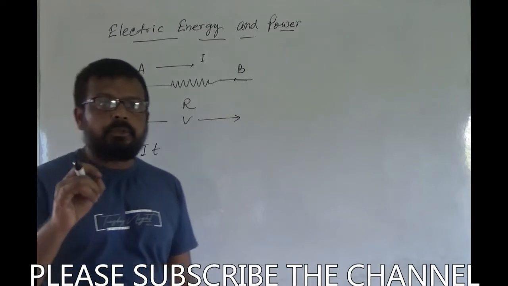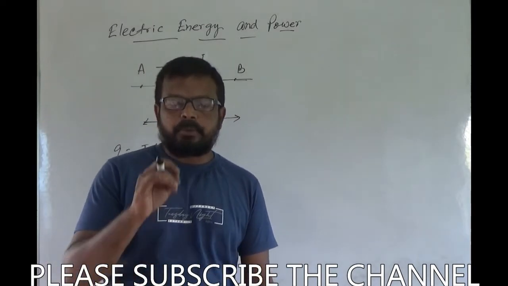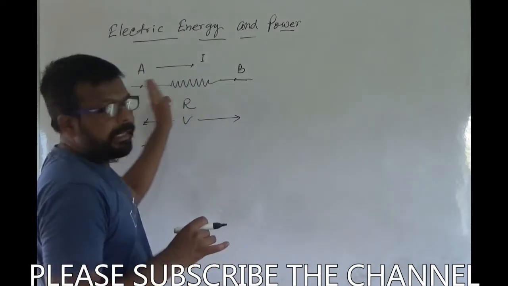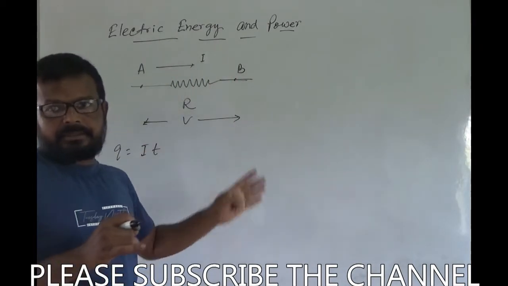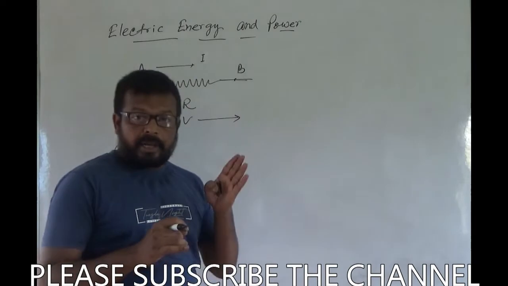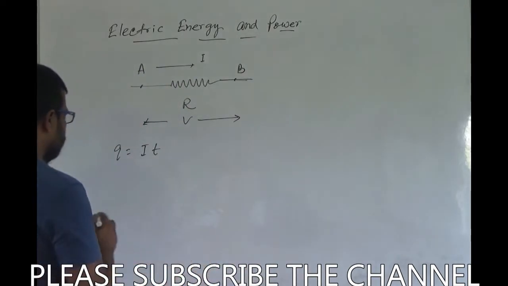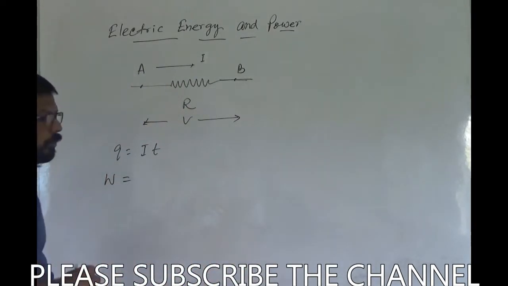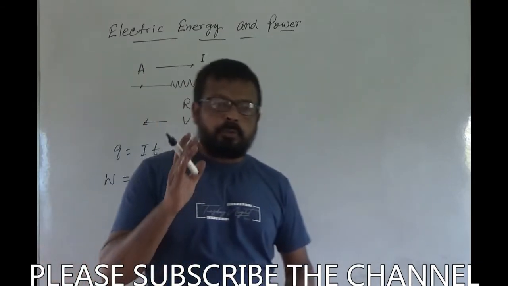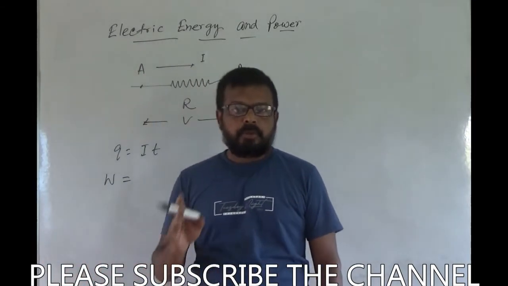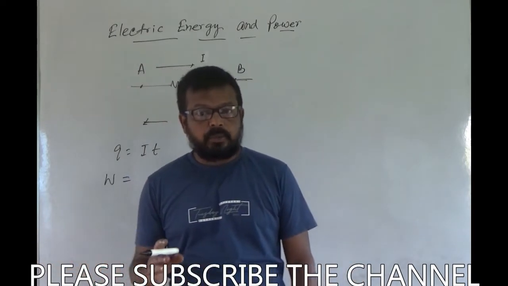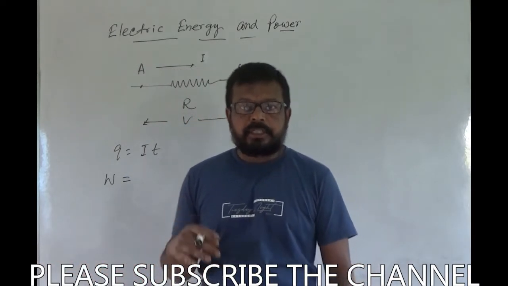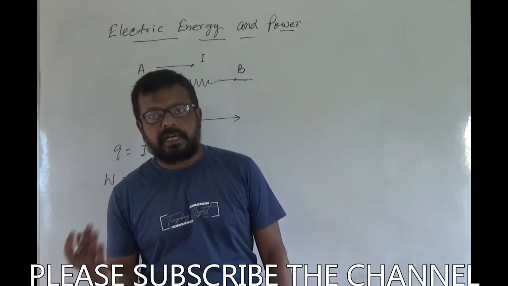Total charge Q equals IT is flowing from point A to B, and for that the work done will be equal to what? Work done to bring the charge from one point to another point is equal to potential difference into the charge.